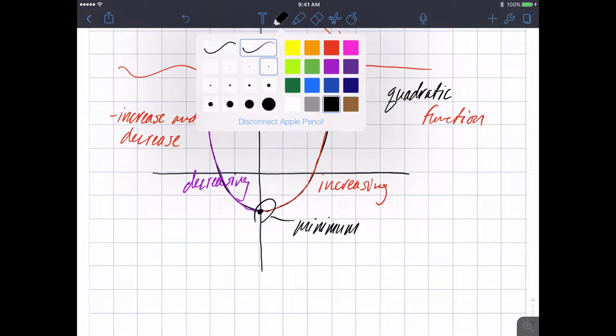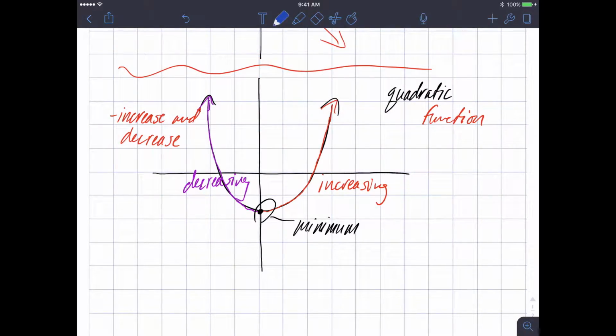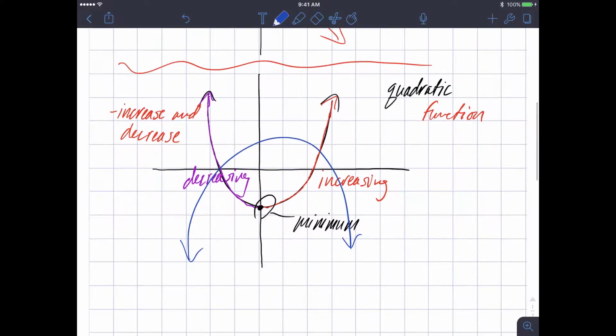Vice versa. If we had another graph, let's say it looked like this, then we could say the maximum of this graph would be at the very, very top. So maybe around here. That would be the maximum point.